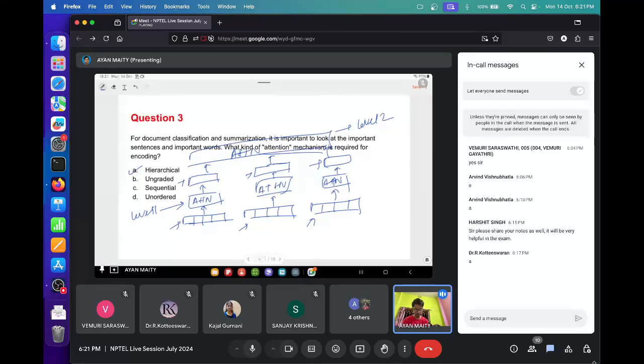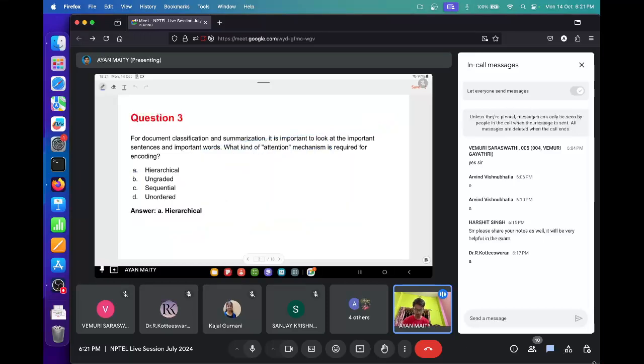So that's why we need hierarchical attention for document classification. For a single sentence we don't need hierarchical; we will need only one level of attention, but in the case of a document, hierarchical attention would work better. So option A is the correct answer.